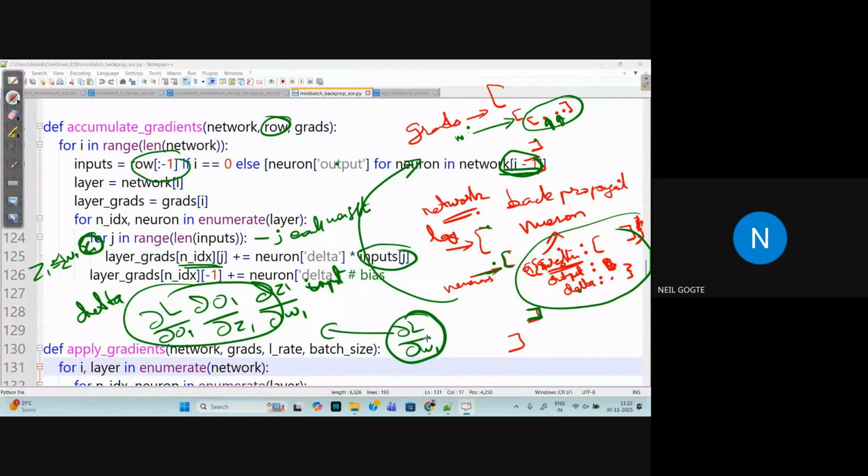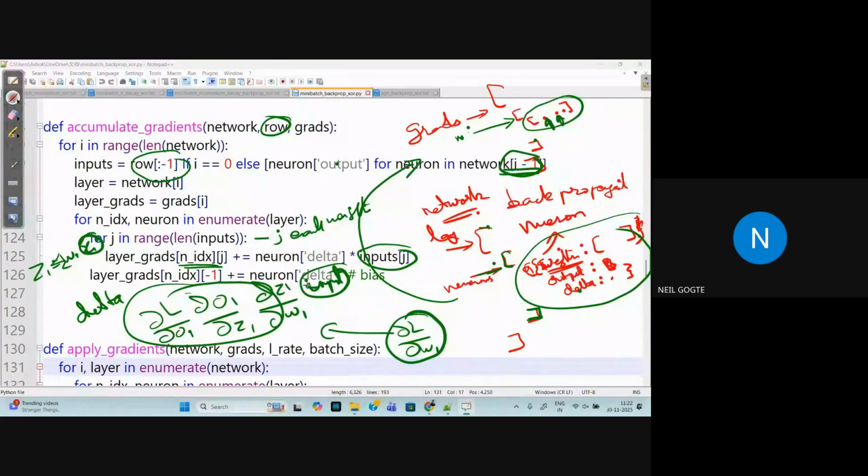I hope you understand the real essence of this; then you have understood AI. Most people just don't get the correlation between this and this. That's why I am struggling with you guys for 2-3 weeks to give you this insight: delta gives you this, and dou Z1 by dou W1 is equal to the input. Intuitively, if I take Wi xi and take the derivative with respect to W, it will be xi, the input.